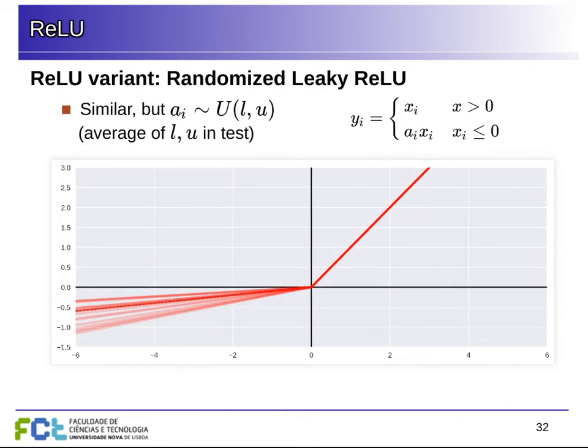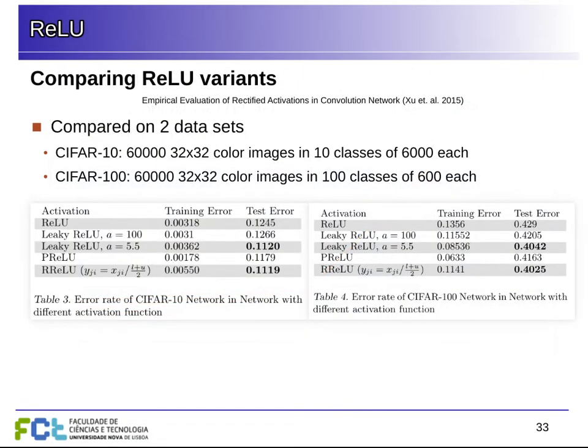We have randomized leaky ReLUs in which the alpha here is drawn from a uniform distribution, where we give the limits, the lower and upper bounds, and then after the network finishes training, all the neurons are set to the midpoint, the average of this distribution. So during training we have some randomness. We're going to see these kind of things with regularization later on. Not today, but in a few weeks.